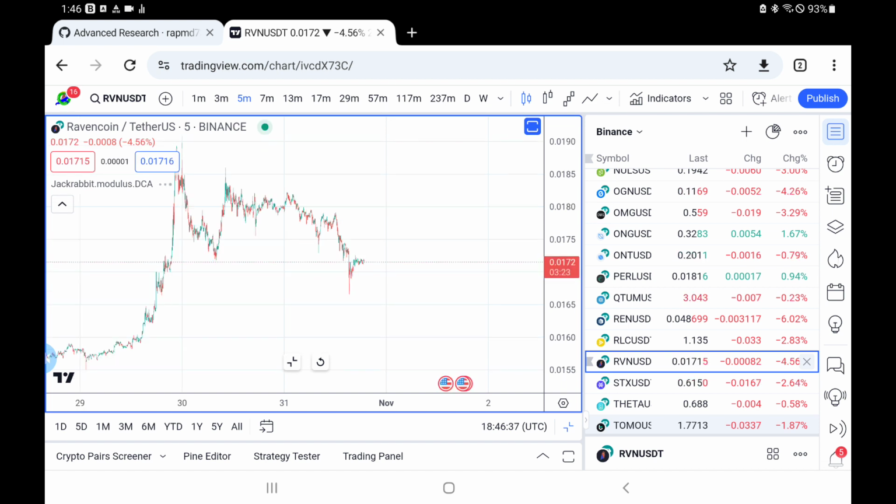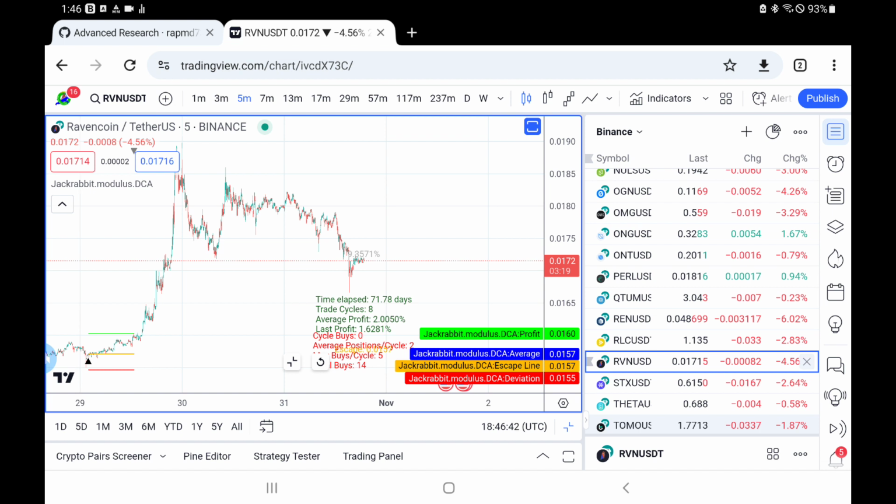How about one that has been a nightmare for me for a very long time? Raven has always been a difficult asset for me to trade, and yet we see money, 8 trade cycles at roughly 2% average profit. Not bad. Something worth considering with this trading technique.